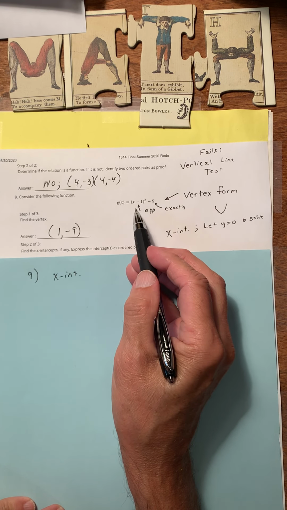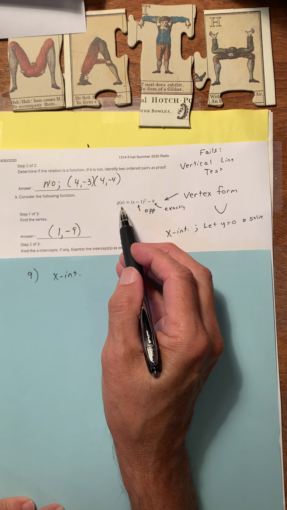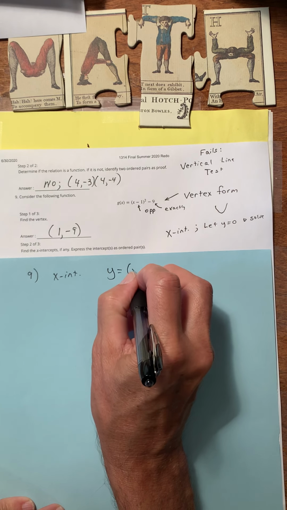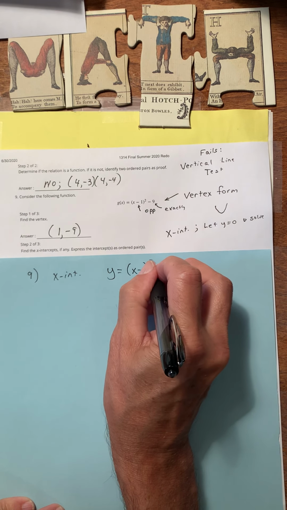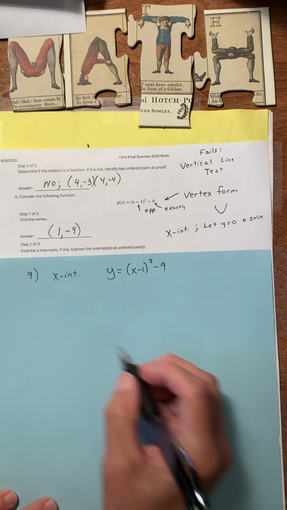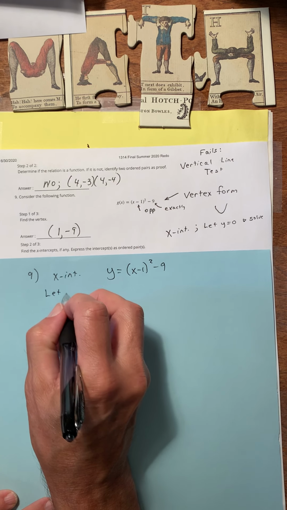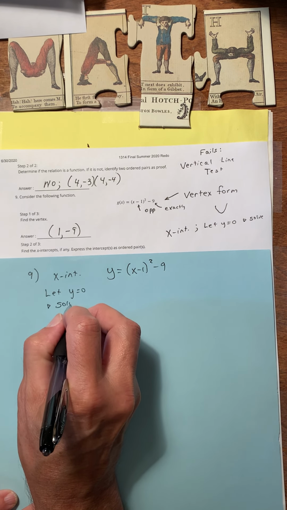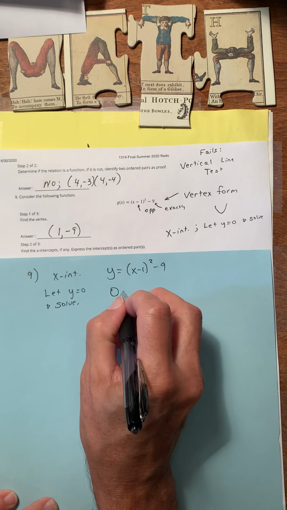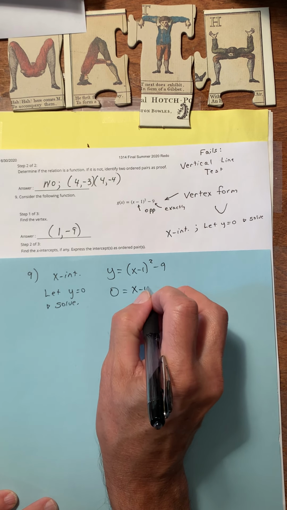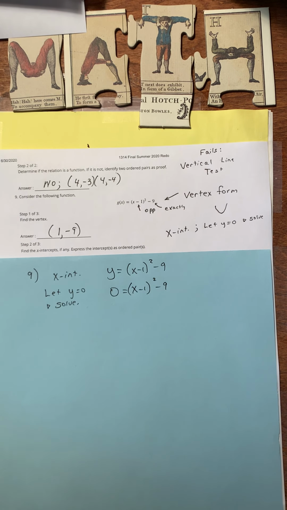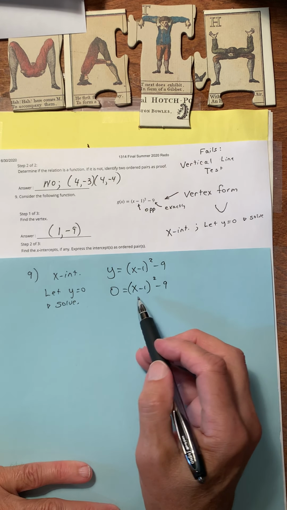I don't see a y. Oh yeah, I can always say g of x is the same as y. So I'm going to let y equal 0 and solve. So here we go. Okay, your problem is going to look just like this.